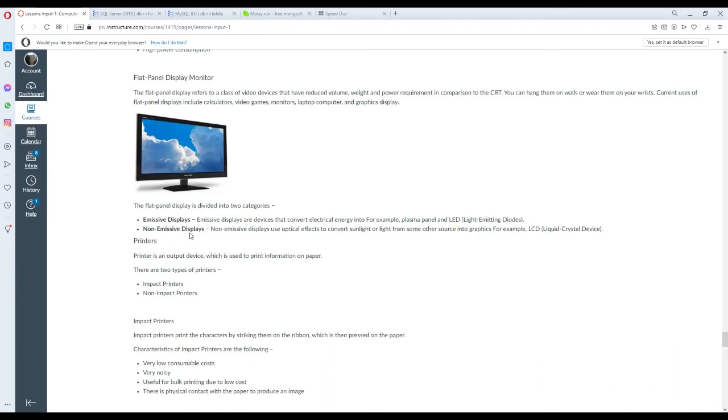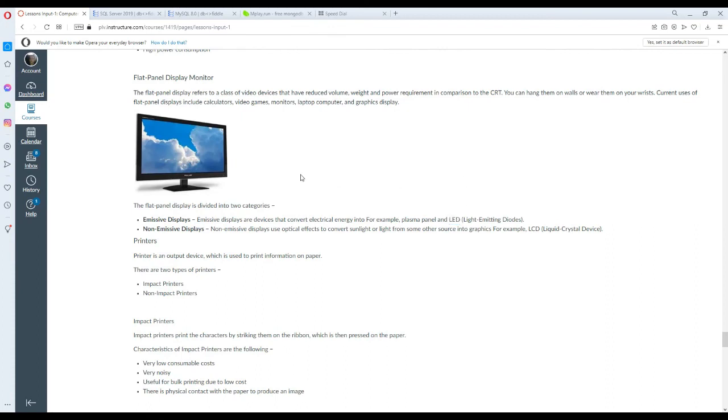We also have non-emissive, which converts optical effects to convert sunlight or light from some other source into graphics, which are LCD. So take note, for these flat panel display monitors, the most common that we have right now are LED.